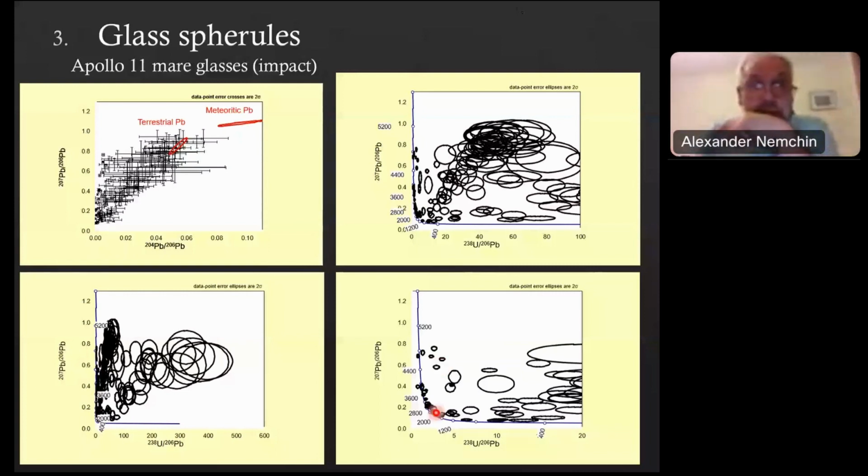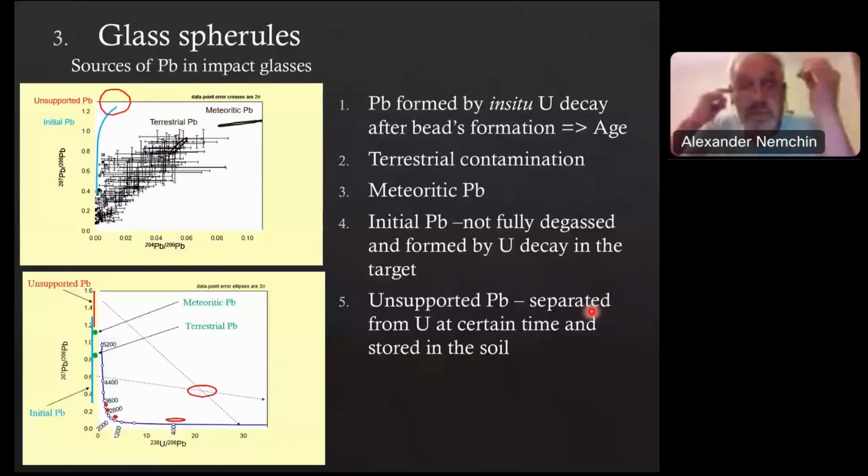When we start thinking about what lead we can have in some of these glasses, we tried to visualize it with Mark Norman a few times, and we came up with the following list of possibilities.